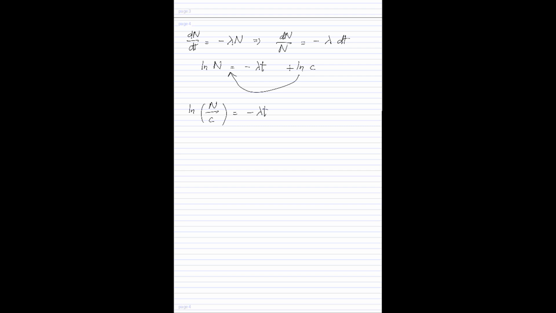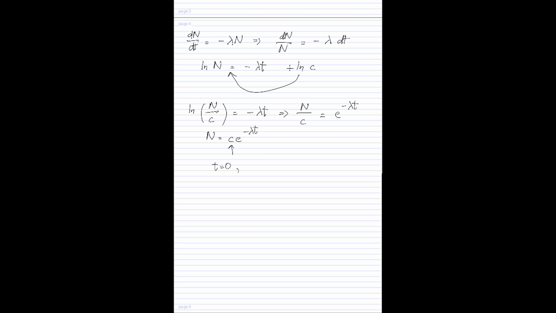And then I can exponentiate both sides to get n is equal to c e raised to power minus lambda t. To determine the value of c, I can set t equal to 0.